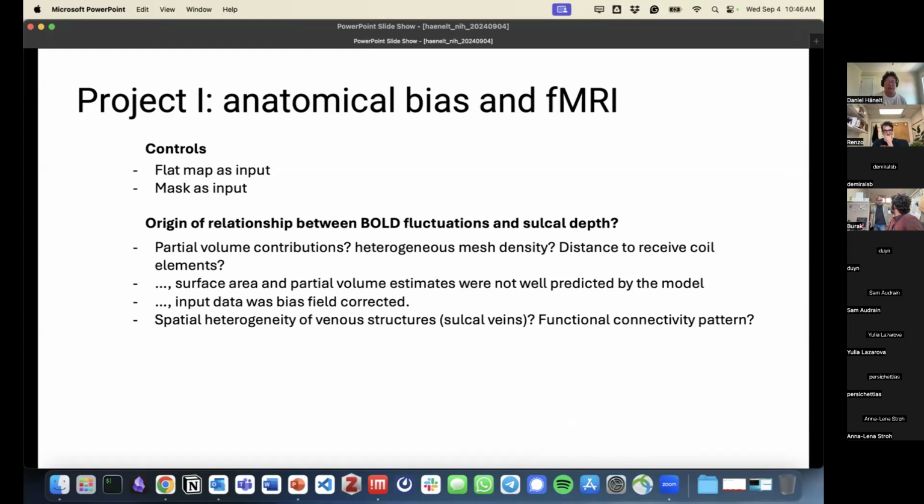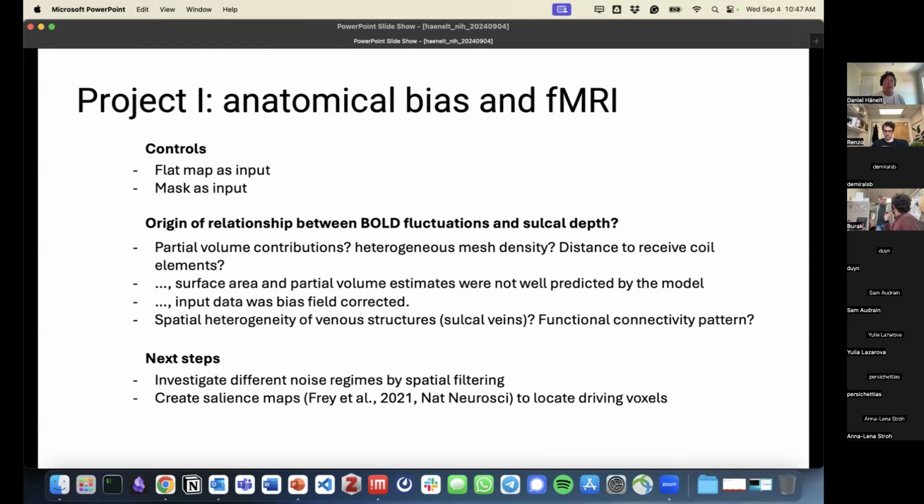Maybe it is just the distance to the receive coil elements, but we also use the spatial bias field correction of the input data. Or is this maybe the heterogeneity of the venous vasculature with bigger veins in the fundus of the sulci, or something else? So this will be the next step in this project.